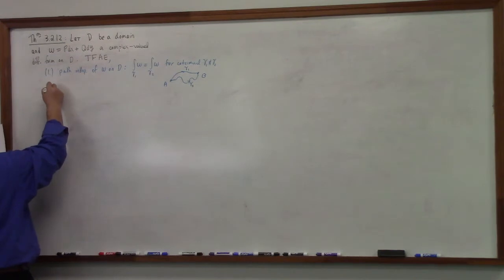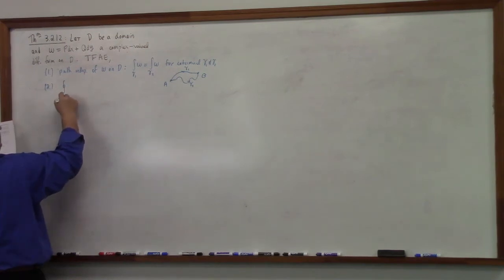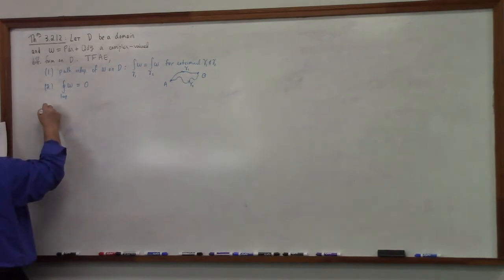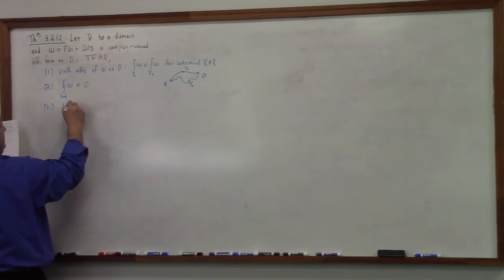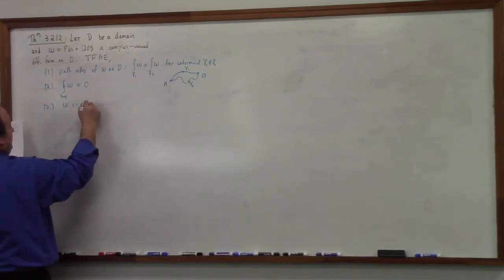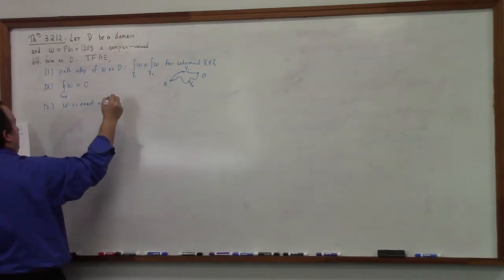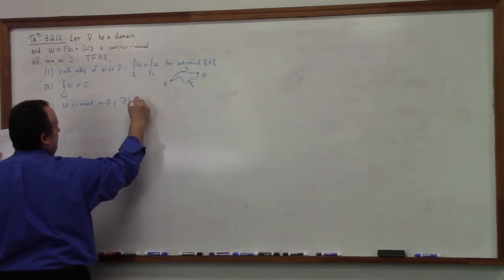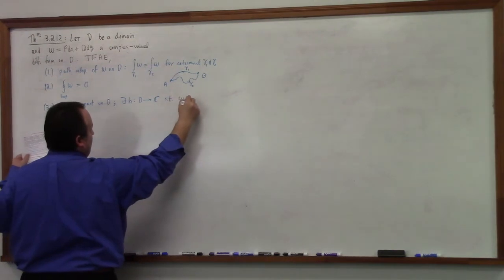Number two, the integral around a loop of omega is 0. Number three, omega is exact on D, and by that I mean that there exists H, a function from D to the complex numbers, such that omega is equal to dH.